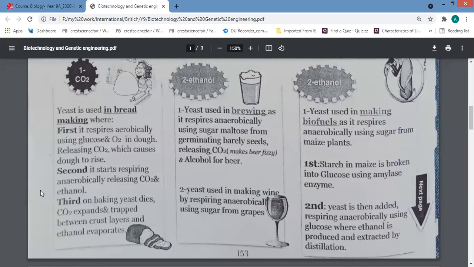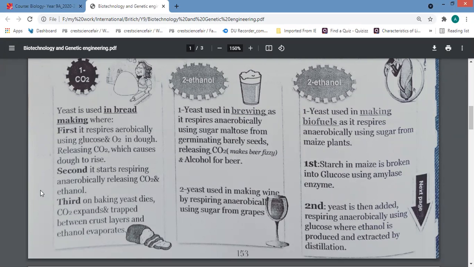In case of absence of oxygen, the yeast fungus starts to respire anaerobically. But in this case, it does not produce carbon dioxide only. It will produce, in case of anaerobic respiration, carbon dioxide and ethanol, which is a type of alcohol.